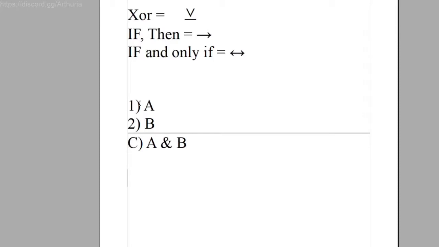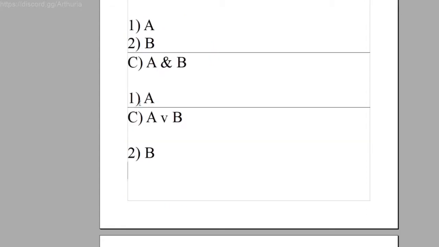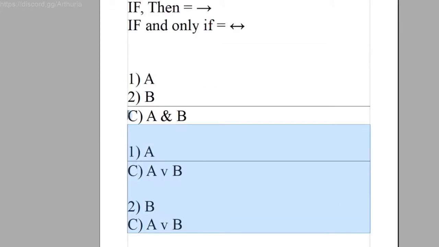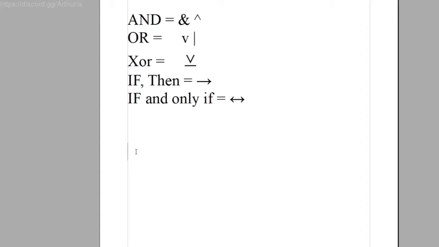With the or statement, you can do it two ways. You can say, hey, I have at least one, right? My conclusion is going to be A or B. Another one for this would be B, and the conclusion would therefore be A or B. So that's for A and B. Now, when we're talking about if-then, it gets a little bit more complicated.